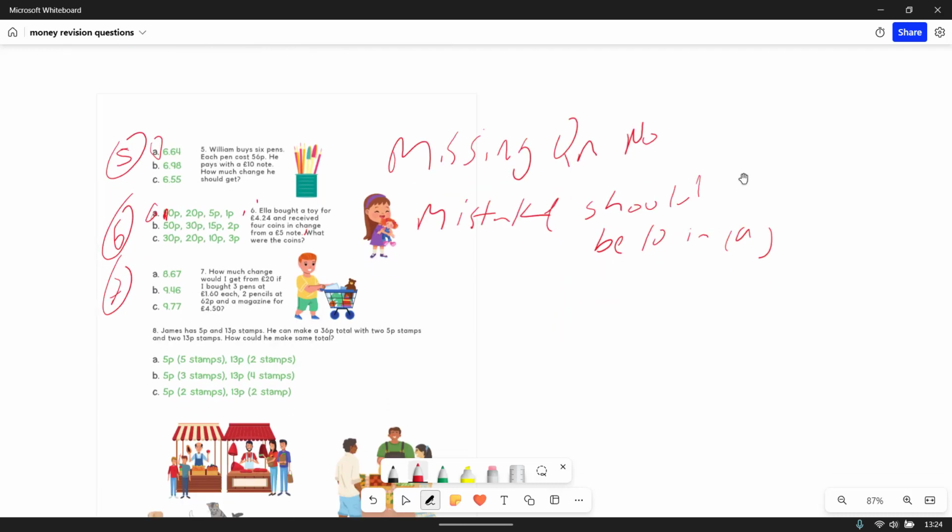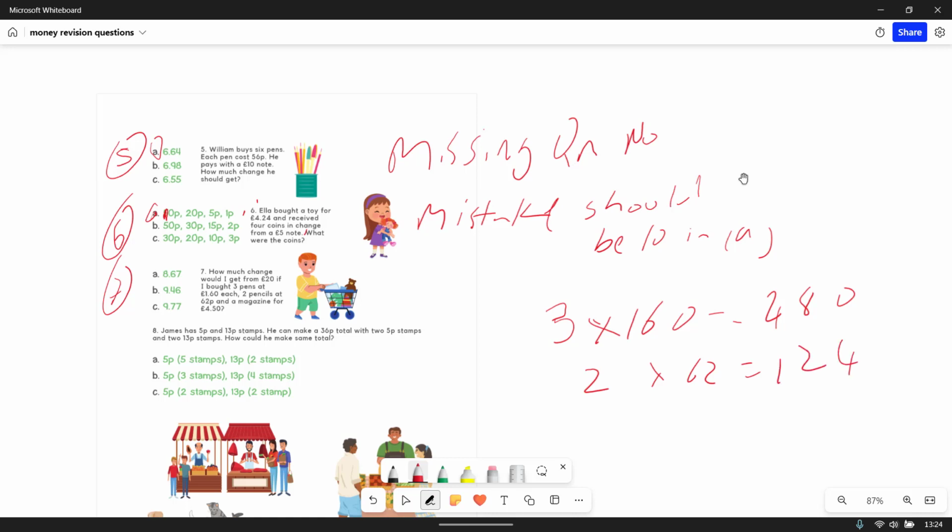Okay, next one, number 7. How much change do I get from £20 if I bought 3 pens for £1.60 each? So 3 times 160 is 480. And then 2 at 62p is 124.